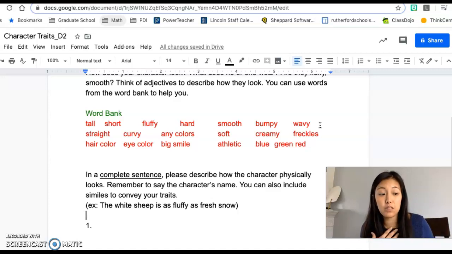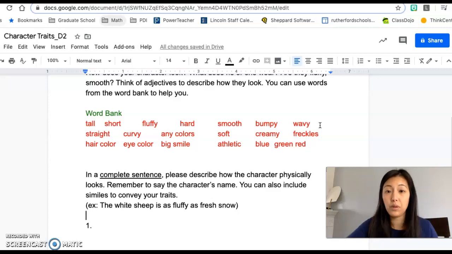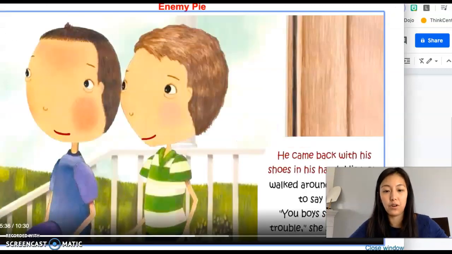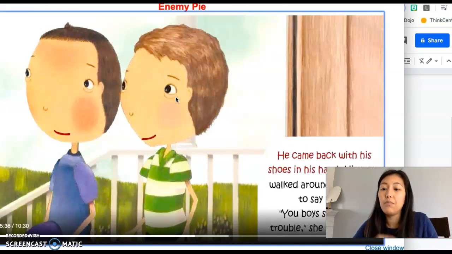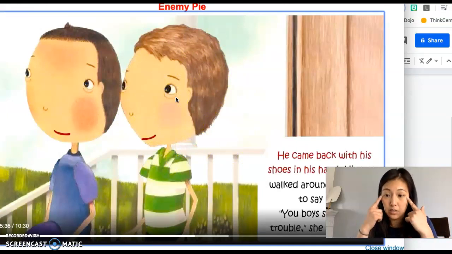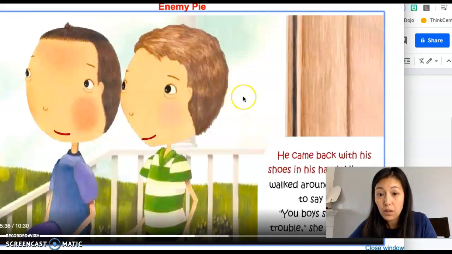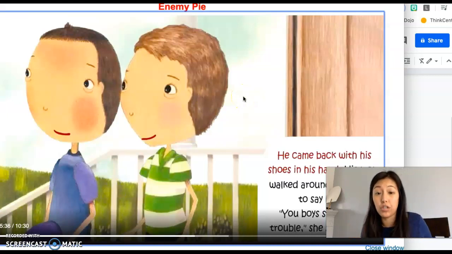So if Miss Laspiza was picking a character, I'm going to use a book that you boys and girls are familiar with, Enemy Pie. I'm going to describe the character Jeremy Ross. So here's Jeremy Ross here, boys and girls. Some physical character traits, and again, this is what I see here, are he has brown straight hair.